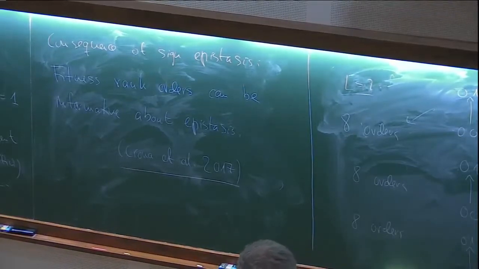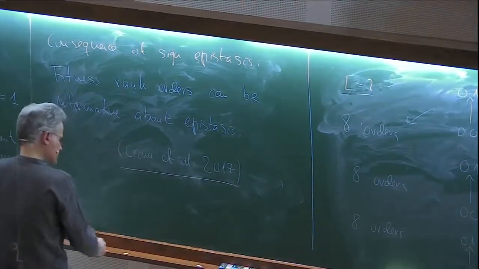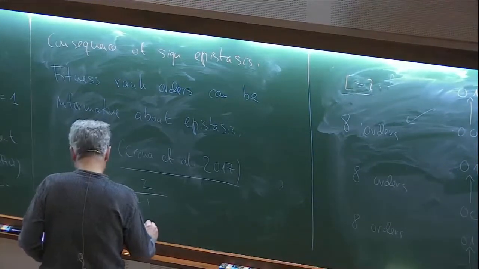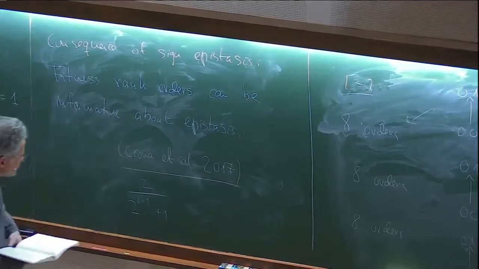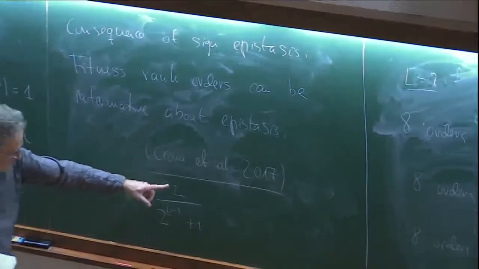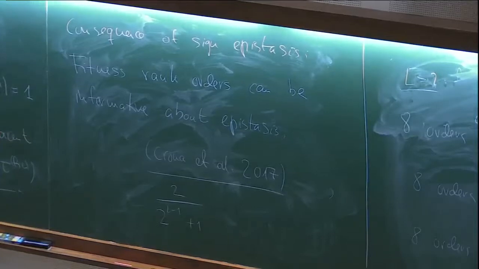So there's a formula for general L. What they say is that the fraction of rank orders that imply L-order epistasis is 2 over 2 to the L minus 1 plus 1. So this also goes to 0 as L becomes larger. It's fairly sizable for small L, but this tells you that if you want to infer something about specific epistasis coefficients, this becomes harder and harder as L becomes bigger.